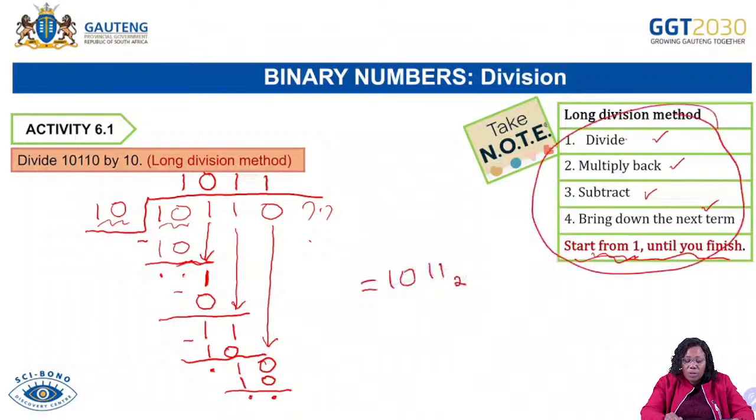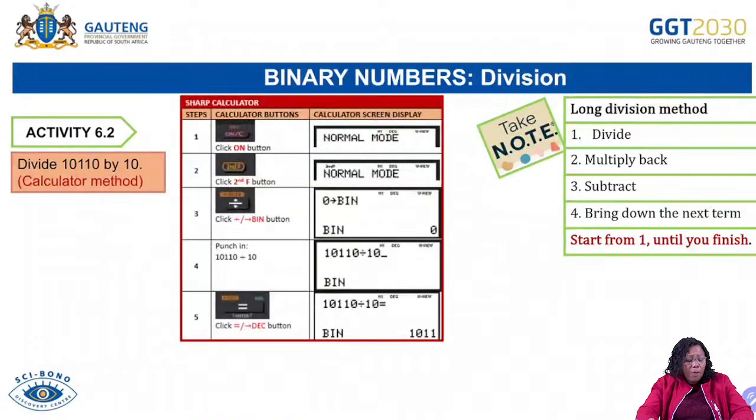Remember the method, grade 12. It's the same method that we are using in calculus for long division. Now with the calculator method, ensure your calculator is on normal mode. Second function must show the division button to go to binary, and then you can bring in your problem.